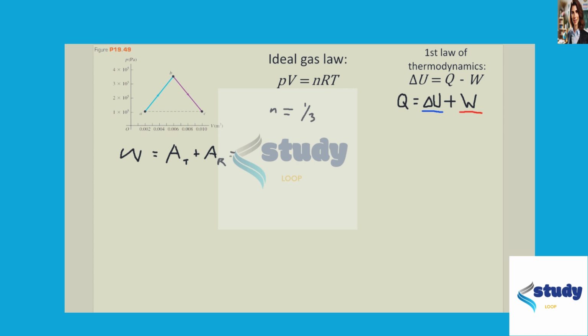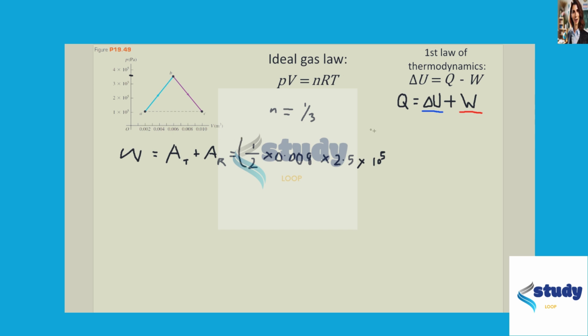And as we know, the area of the triangle will be half times its base, which will be from A to C, so that's 0.008 meters cubed, times its height, which is between 1 times 10 to the 5 to around 3.5 times 10 to the 5, so we will call that 2.5 times 10 to the 5 pascals.